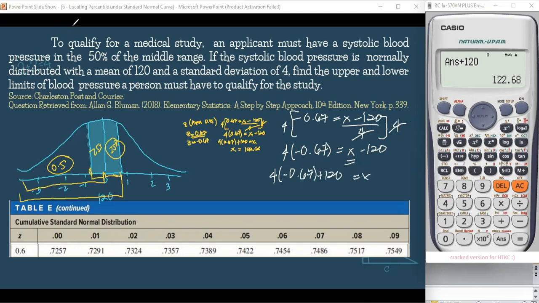Using our calculators, so that is 4 times negative 0.67 plus 120. So that is equal to 117.32. So that is our lower limit. So x po natin is equal to 117.32.